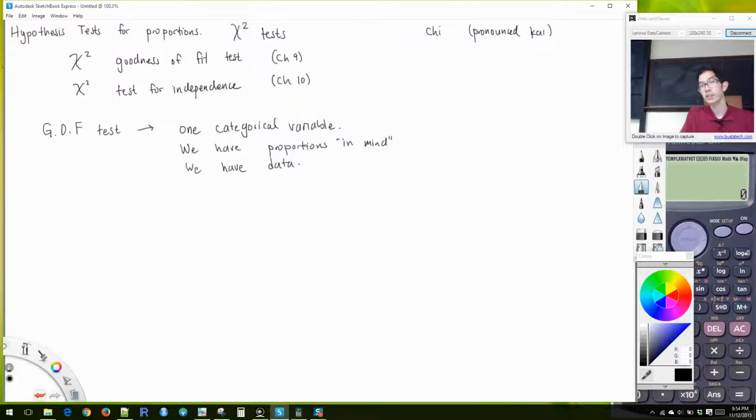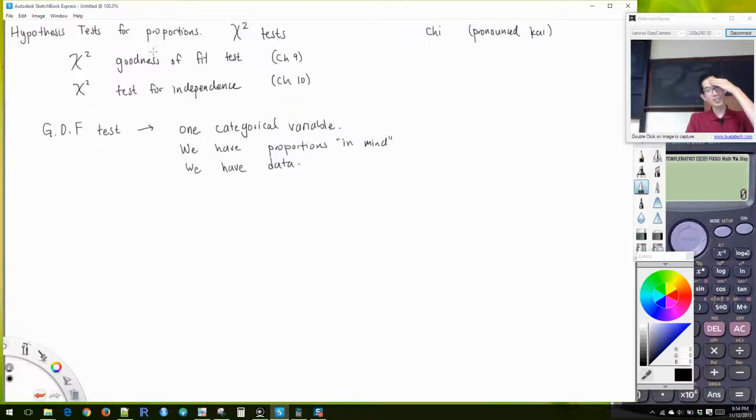And our test says how well is the fit? How well do these proportions that we have in mind fit the data we see? Or how good is the fit? And so we have the goodness of fit.